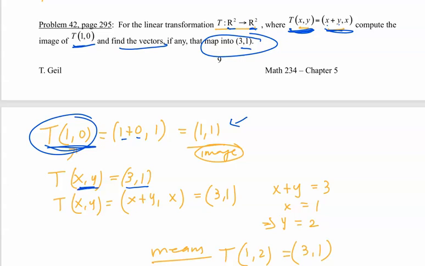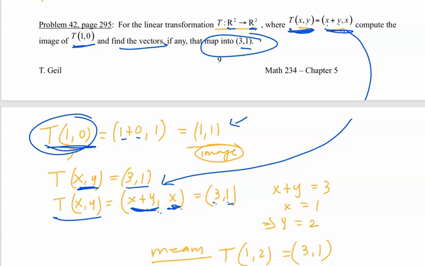Now for the second part, find the vector, if any, that maps into this one. Your output is (3, 1), and I need to figure out what the input vector (x, y) is. The definition is (x plus y, x), so going back here, the output vector is (3, 1). So x should be 1, and x plus y should be 3, which means y should be 2.